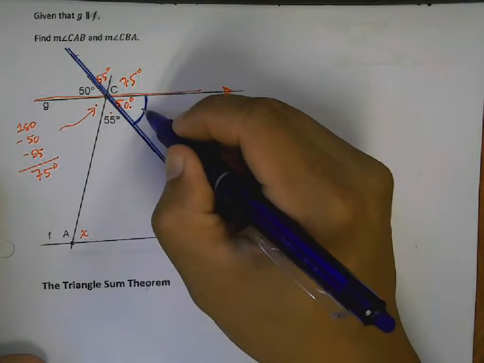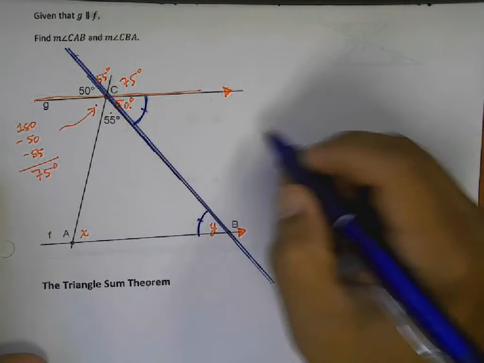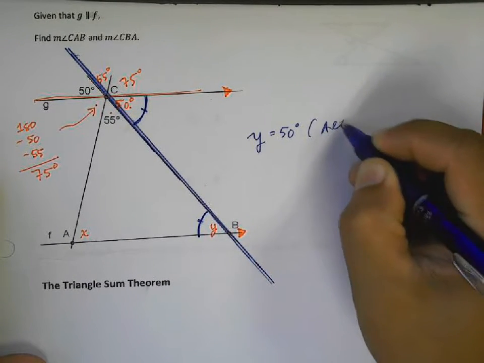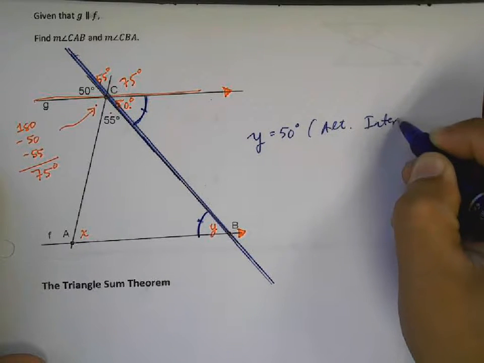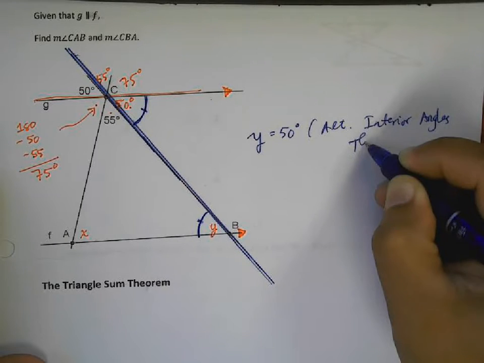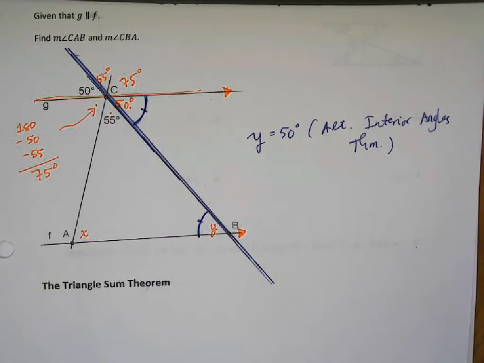So that tells me that angle Y, or the value of Y, must be equal to 50 degrees, okay, because we're using the alternate interior angles theorem. All right.